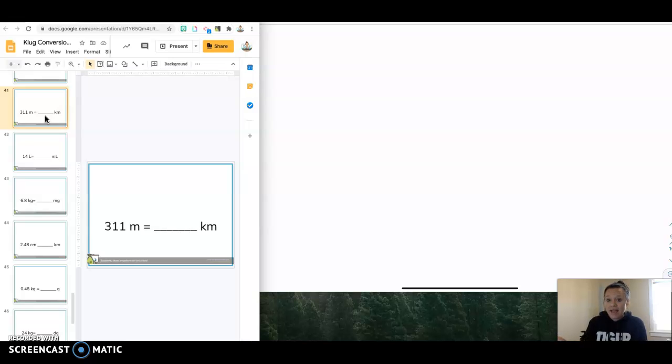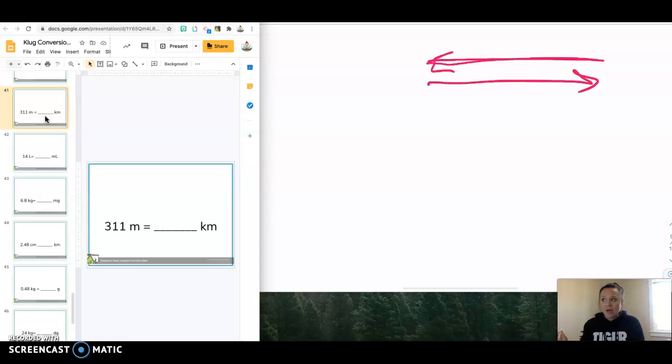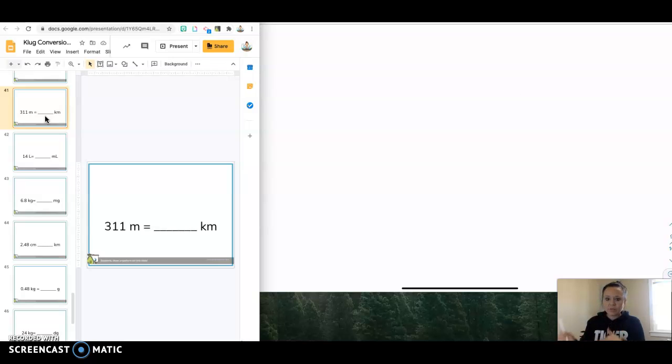A couple of things I noticed when I was looking at our assignments and our practices yesterday was that we had a little bit of trouble figuring out when we move the decimal to the right and when we move the decimal to the left. We know when to move our decimals depending on which direction we're moving in our prefixes.